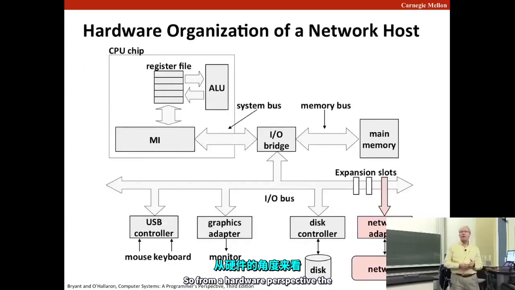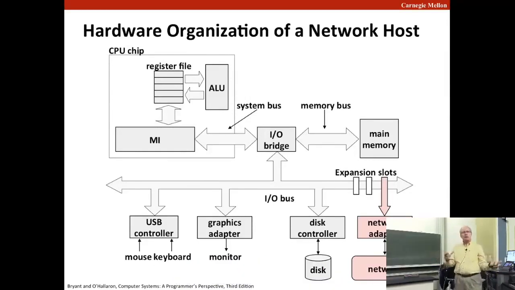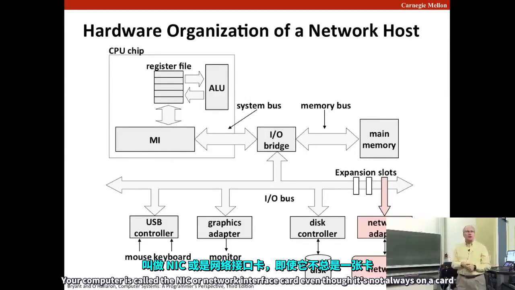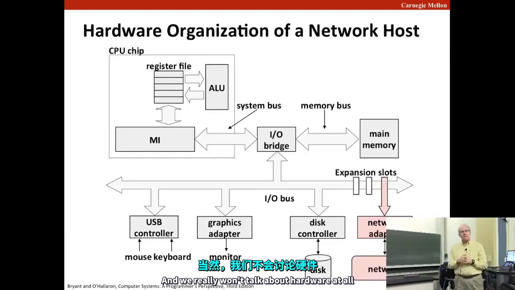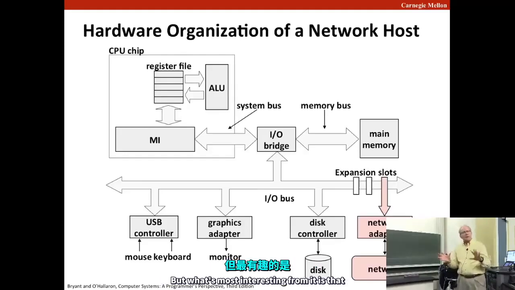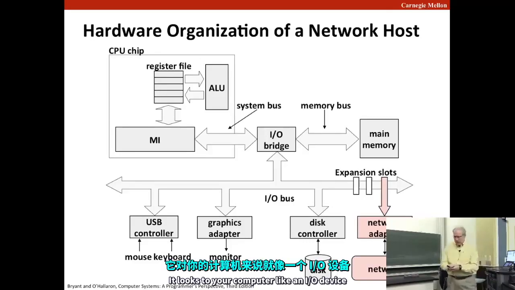So from a hardware perspective, the interface between the network and your computer is called the NIC, or Network Interface Card, even though it's not always on a card. And we really won't talk about hardware at all, but what's most interesting from it is that it looks to your computer like an I/O device.